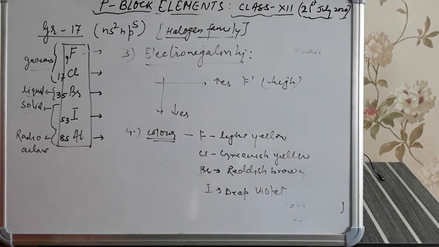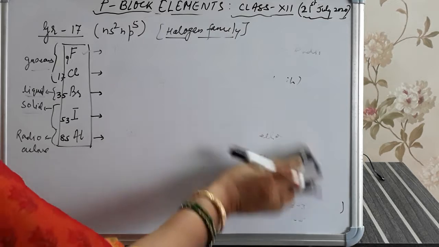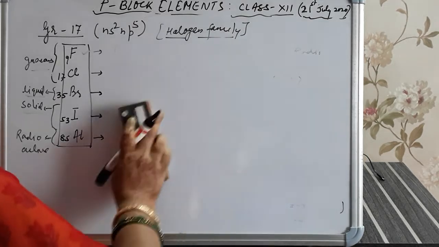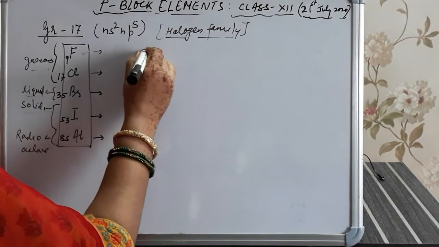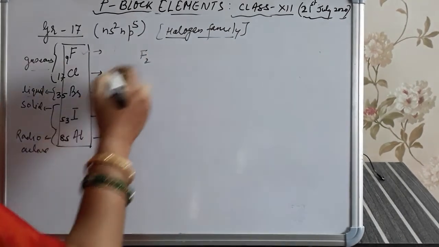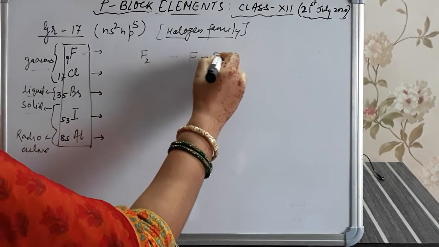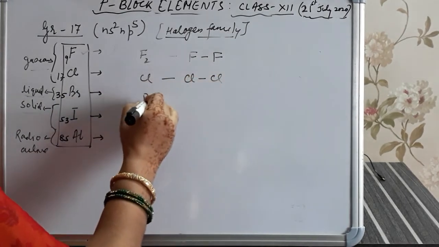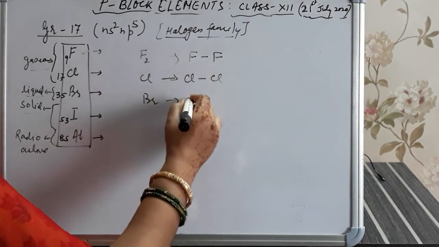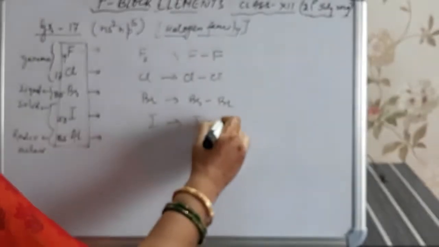Next we discuss the bond dissociation enthalpy. As we know, the group 17 members exist in nature in diatomic forms: fluorine with fluorine, chlorine with chlorine, a single covalent bond formed between bromine and bromine, similarly iodine and iodine.